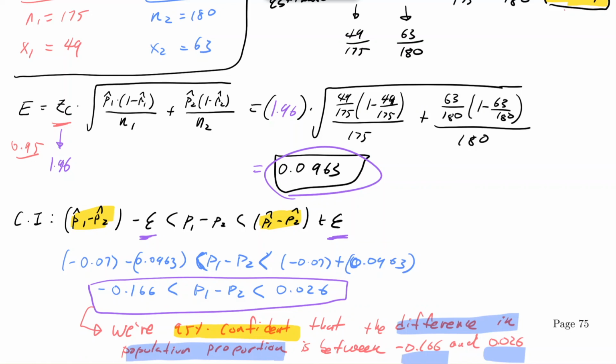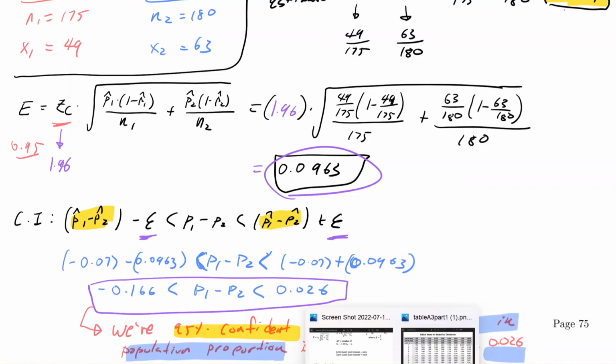So we're 95% confident the difference in the population proportion of people who had dreams of anxiety, fear, and aggression is between negative 0.166 and 0.026. And it's okay to have negative values because we're finding the difference. That means one is bigger than the other.